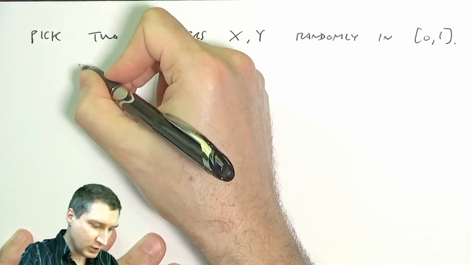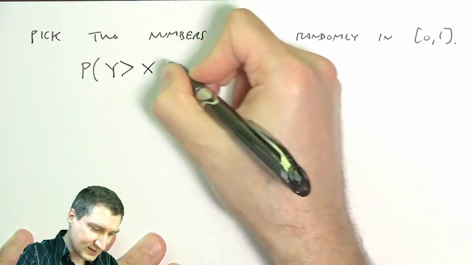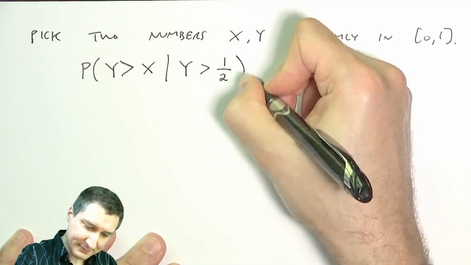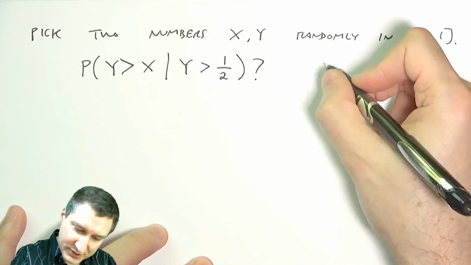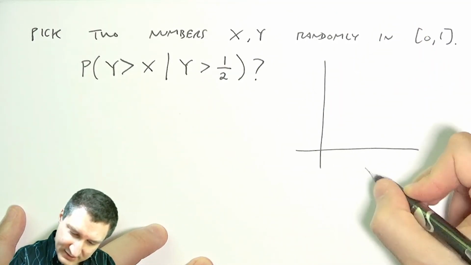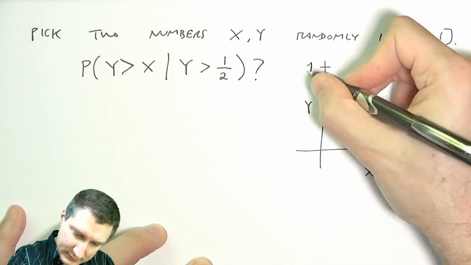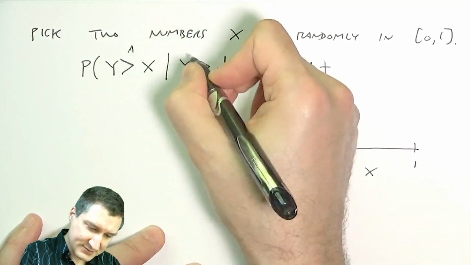And I want to know what's the probability that y is greater than x given that y is greater than a half. So the way I would do this would be to draw my box of x and y. So what is my event B? This is A, this is B.